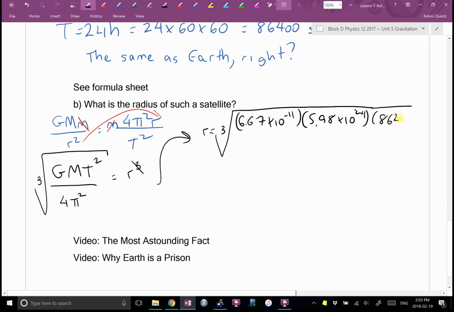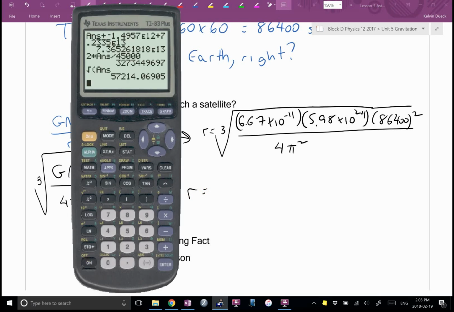I'm going to use 86,400 squared all over 4 pi squared. And I get to use my cube root button. 6.67 scientific notation times 5.98 times 10 to the 24th times 86,400 squared divided by bracket 4 pi squared.